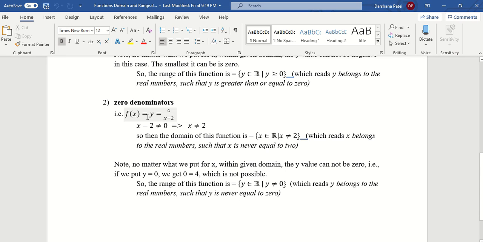If we have y equals 0, for example, we will get 0 equals 4 divided by x minus 2. When we reorder this, we get 0 equals 4, which is not possible. So the range for this function will be y is an element of real numbers such that y cannot be 0. Okay. So y here will not be able to be 0.